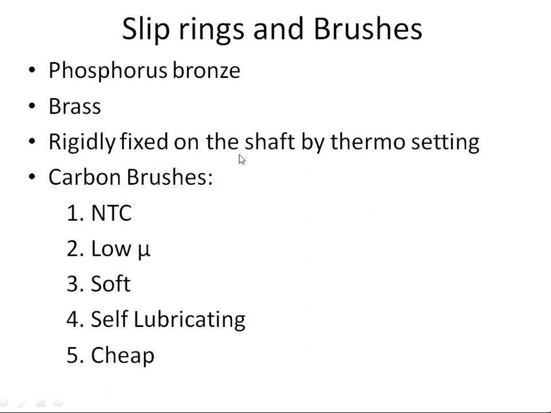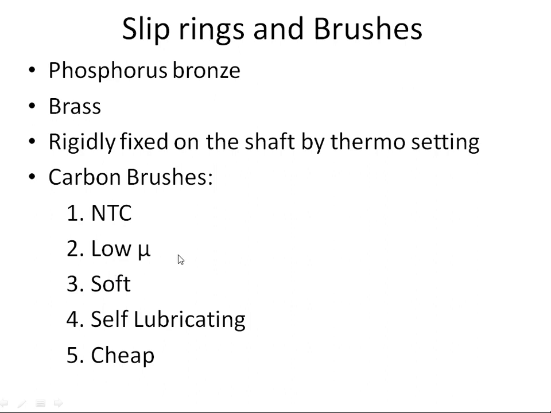The brushes are generally made up of carbon. The following characteristics of carbon make it the ideal material for the brushes. First one, it has a negative temperature coefficient characteristic, that is with rise in temperature its resistance decreases, so the overall rotor copper loss will go on decreasing with increase in the temperature.